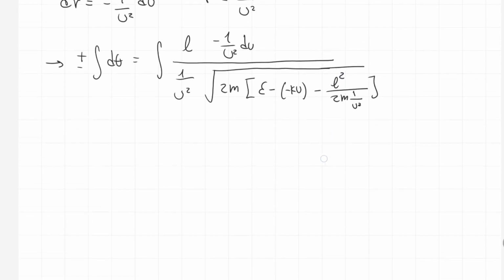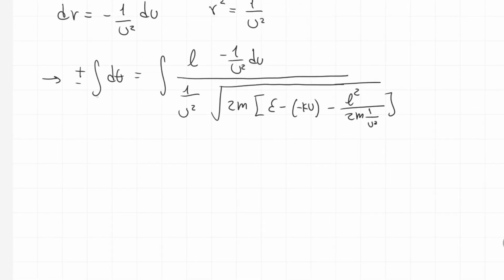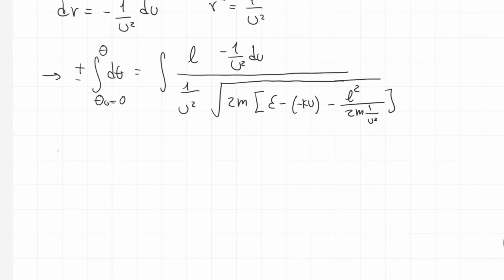Another thing that it is very important to mention is that if we take this integral on d theta, it will be from some initial angle theta 0 to theta, okay? But we can just set theta 0 to be equal to 0, okay? So in this case, this would be plus minus theta 0, but that will be plus minus theta.